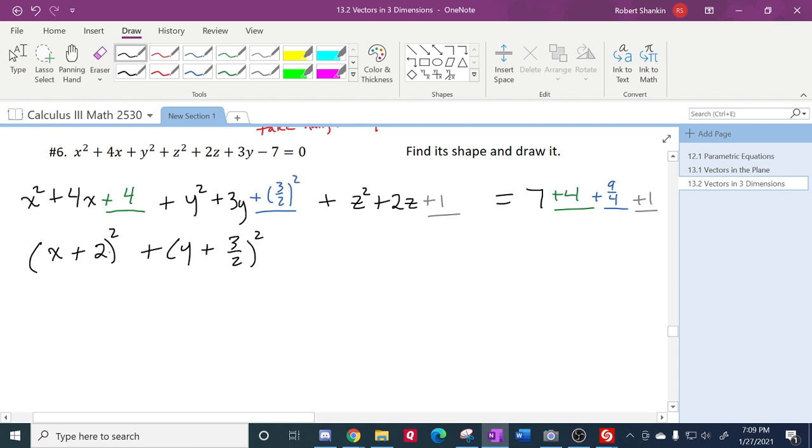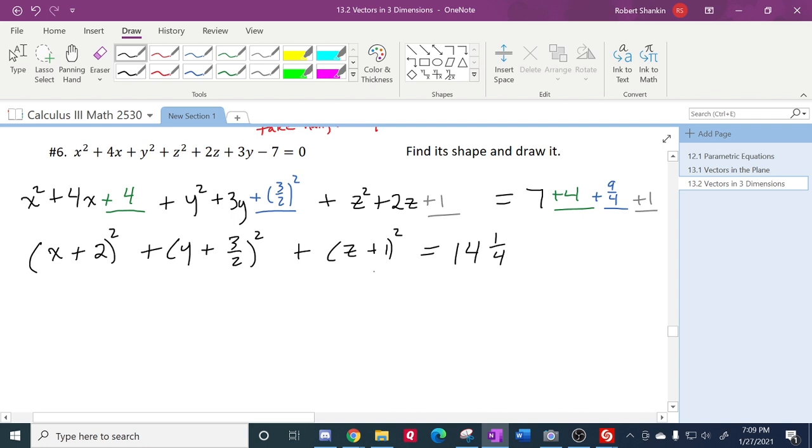If you FOILed this out, you're going to get 3 halves y and another 3 halves y, which will add to 3y. z plus 1, squared. And then we add these together. 11, 12, and then 2 1/4, 14 1/4.